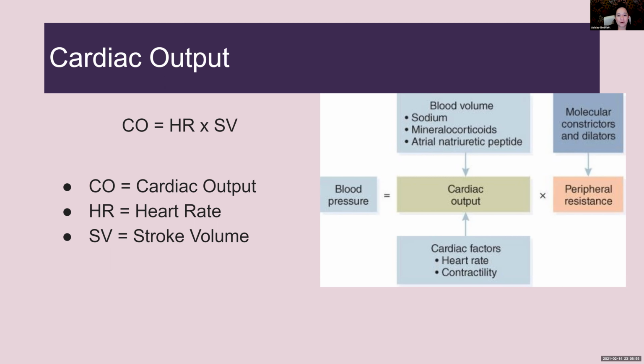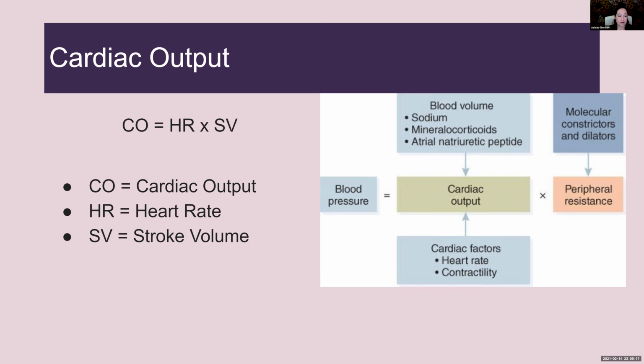Okay, so cardiac output equals, and we're only talking about the green box, cardiac output equals heart rate times stroke volume. What does that mean? Heart rate is pretty self-explanatory, right? It's just how fast your heart is beating. So let's start there.